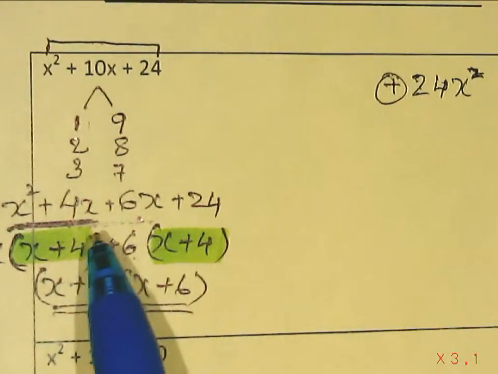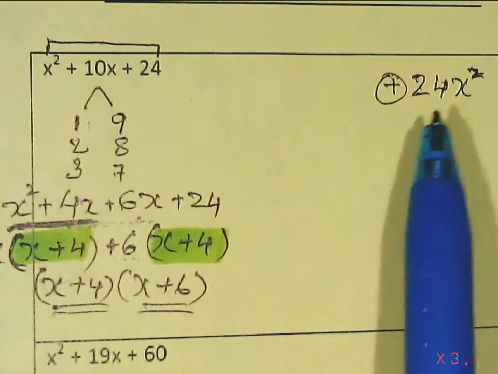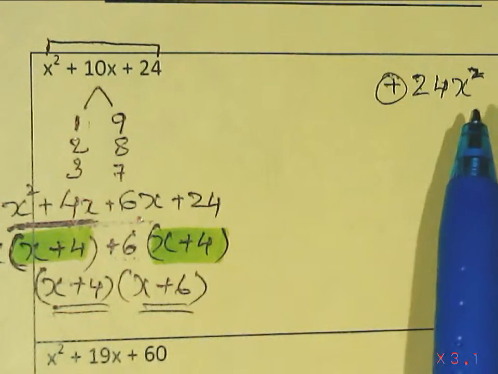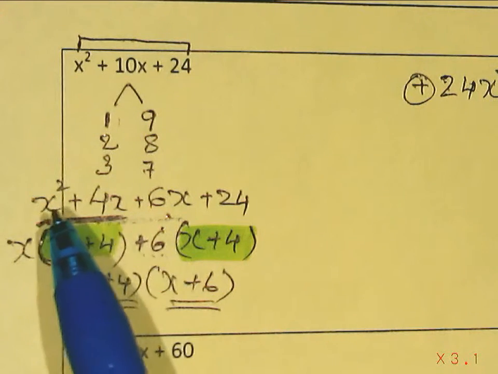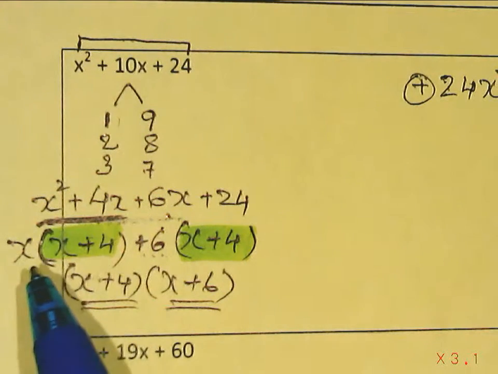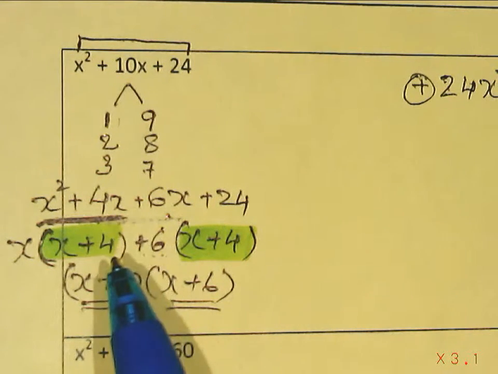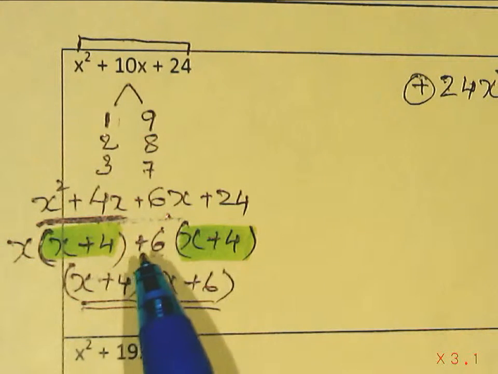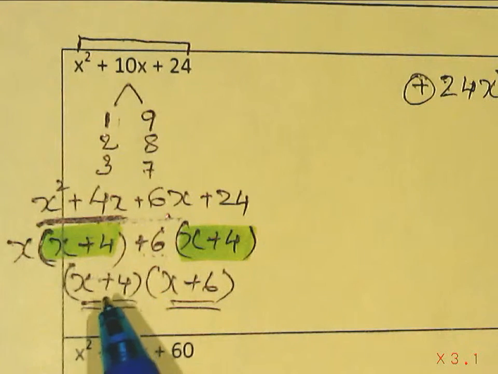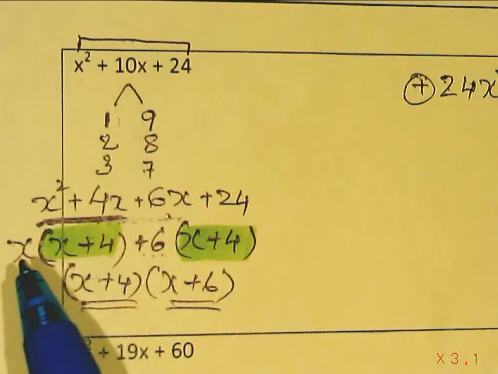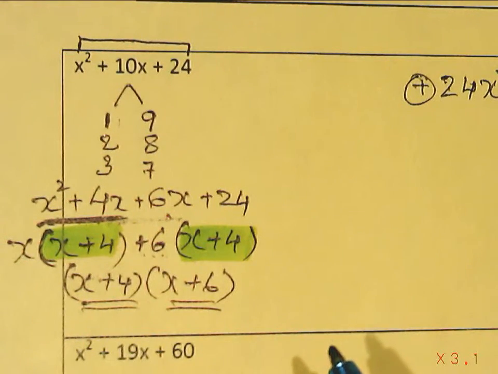Then you keep trying, then 4 plus 6 makes 10x, and 4 times 6 is 24x squared. Then my next step is to think of pulling something common. What you see common in these two is x, that is pulled out. Then I am left with x, and from 4x, when x is taken out, you are left with 4. Repeat the same again and think with what number you have to multiply in order to match. Then again x plus 4 is taken as common. If this is taken as common, I am left with x, and if this is taken as common, I am left with 6. So you factorize this one.